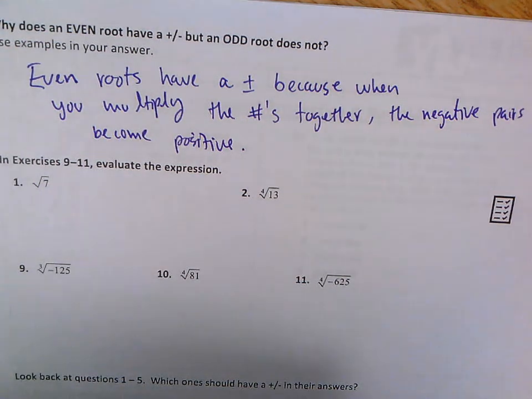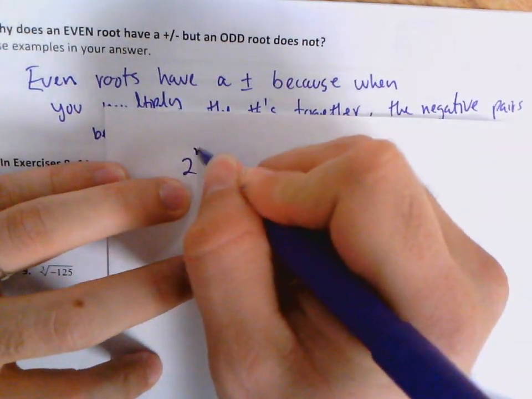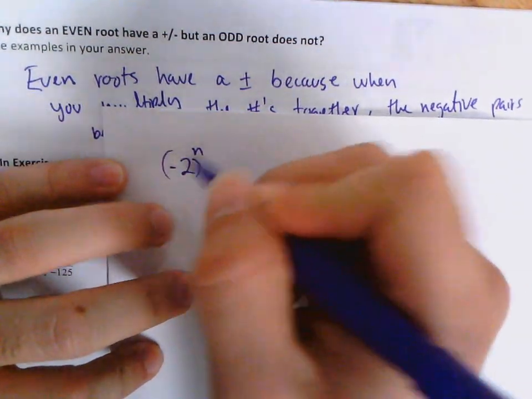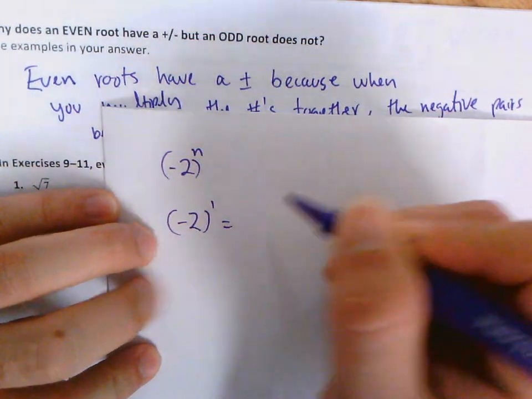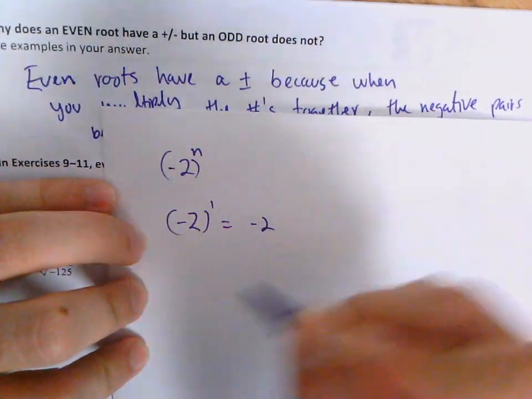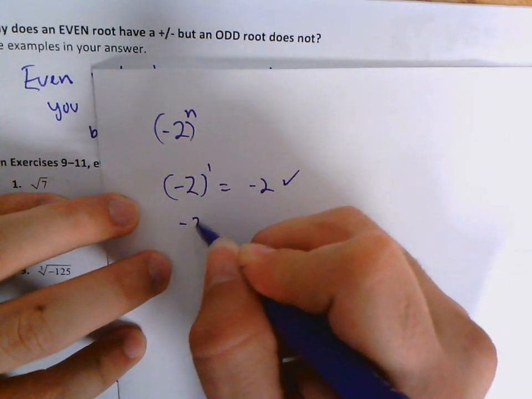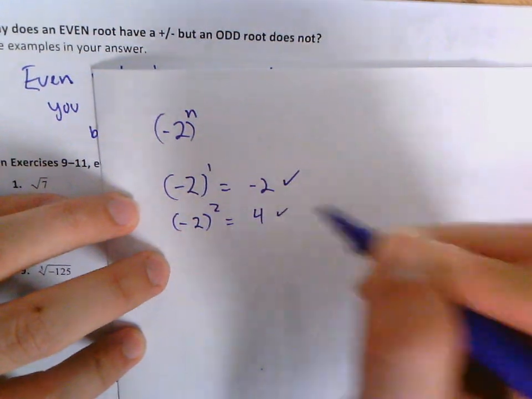I told you that if you have 2 raised to any power, right? Sorry, let me use a negative exponent. So if you have a negative 2 raised to the first power, that will give you negative 2. It gives you a negative number. But if you have a negative 2 raised to the fourth power, then that will give you positive.